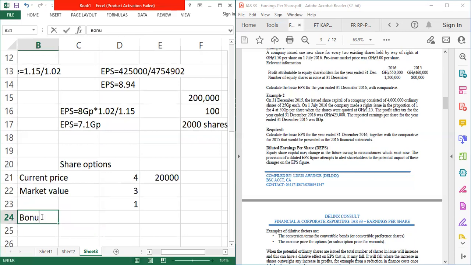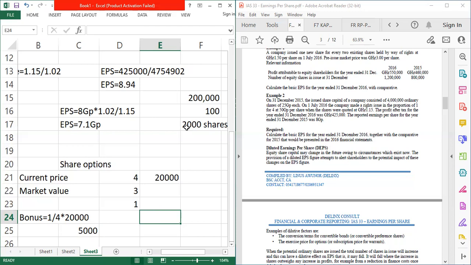So the bonus issue will be calculated as 1 divided by the total, which is 4, times the option, which will give us 5,000. So this 5,000 will be added to our number of shares that we are currently having, and we use it to calculate our diluted earnings per share.